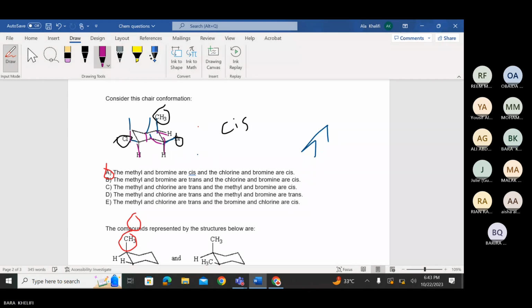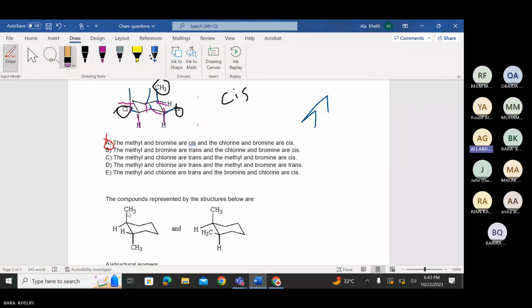Those are down. So those will also be on the same side. The ones in purple are on the same side facing downwards, and the ones in blue are on the same side facing upwards. And it doesn't matter if they're equatorial or axial. It's just how they face in real life.